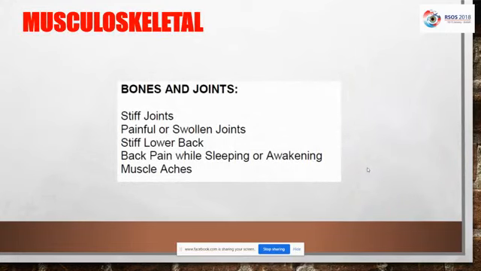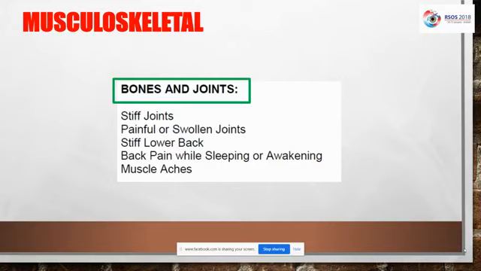So the musculoskeletal symptoms, you need to ask those patients about the specific symptoms involving the musculoskeletal system, which is stiff joints, history of painful or swollen joints, if there is any stiffness in the lower back, if there is any back pain while sleeping or awakening, if there is any muscle aches.